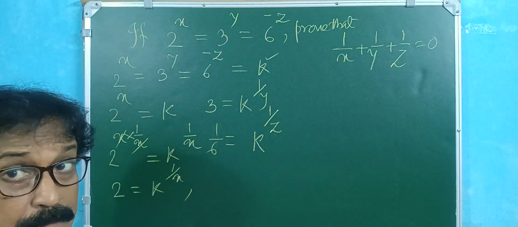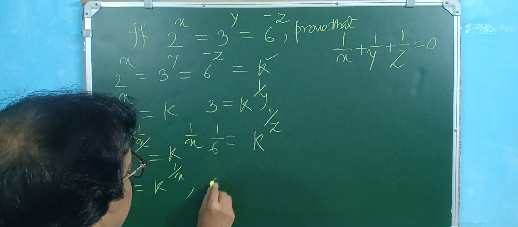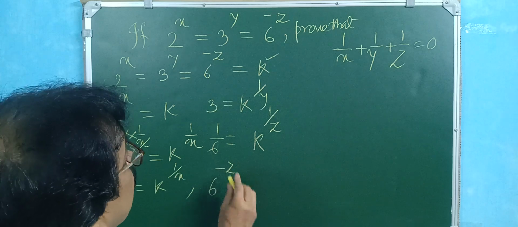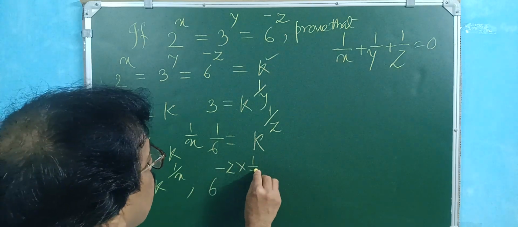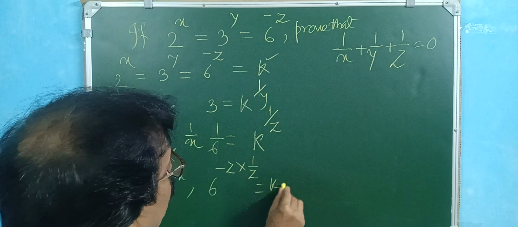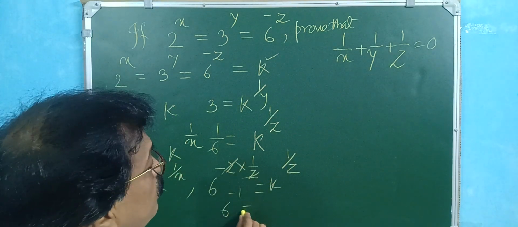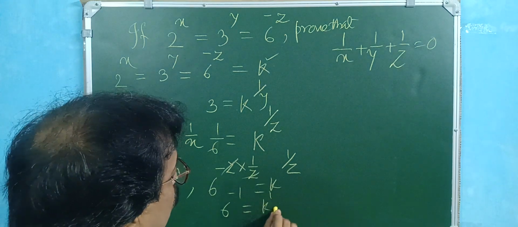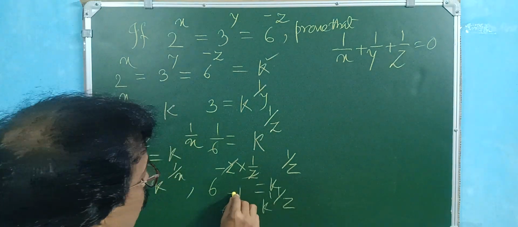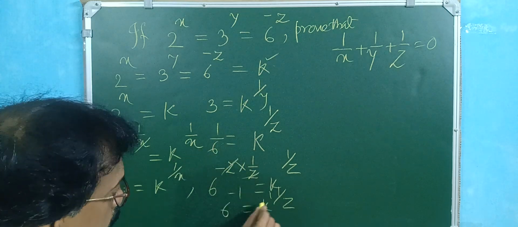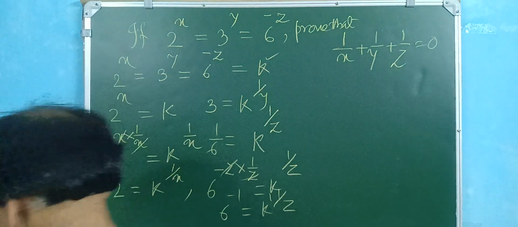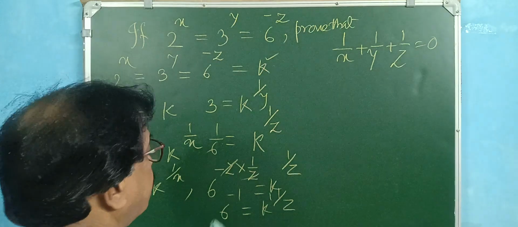No problem. Actually this 6 to the power minus z, you multiply by 1 by z, that is equal to k to the power 1 by z. So actually 6 to the power minus 1 is equal to 1 by k to the power 1 by z. So you write 6 to the power minus 1, that is 1 by 6, is equal to k to the power 1 by z. So this is the way.